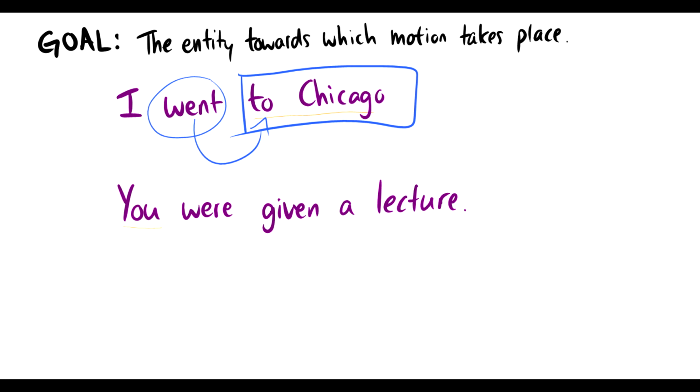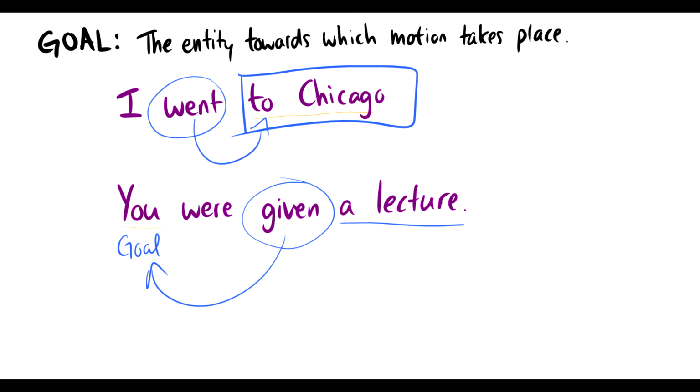Here's another example that's a little bit more abstract with this goal definition. You were given a lecture. Okay, I'm saying that you is the goal. Now why? Well, given is a verb to give something, and they gave the lecture to you.